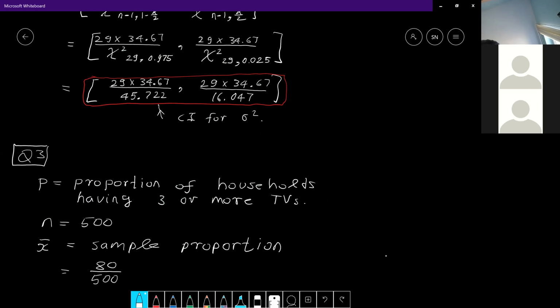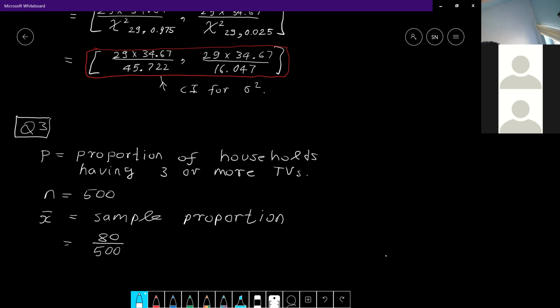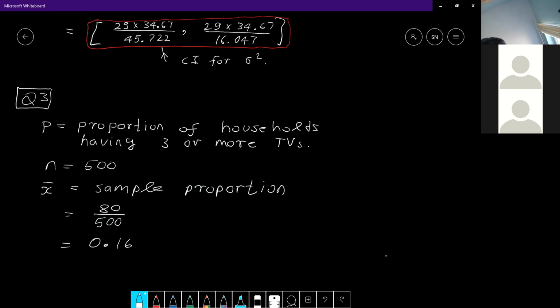So 80 divided by 500 is 0.16. That's your X bar. We are looking for a 90% confidence interval, so 100 times 1 minus alpha is 0.9, so alpha is 0.1.